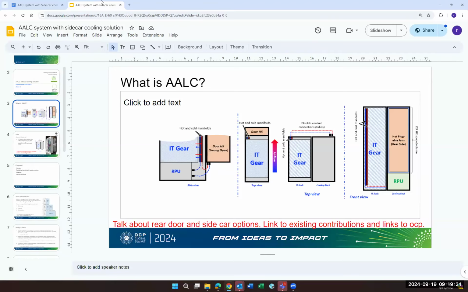Yes, the fluid will expand and contract based on the temperature, and you want to have a certain pressure inside the system itself, right? So for that, you need some kind of pressure controlling system that will allow the system to expand and contract as necessary. So yes, you need some kind of a pressure tank.